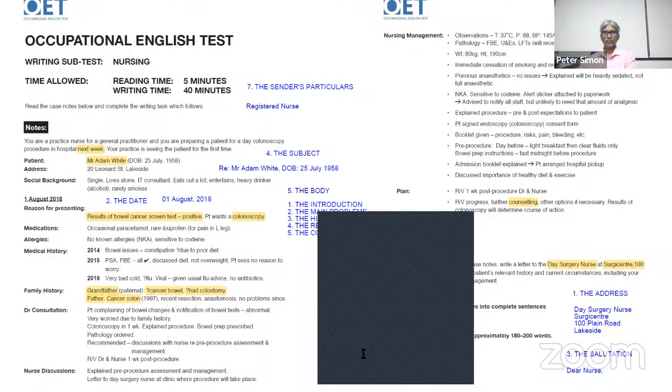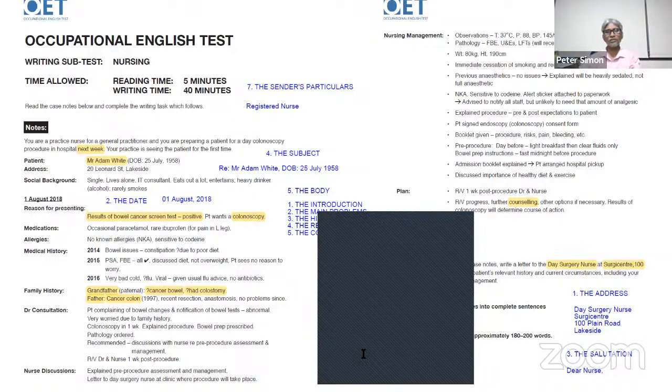requires. Okay. Mr. White was diagnosed with positive screening test for bowel cancer, is being referred for a day colonoscopy procedure. Preoperative management and counseling is advised. Okay, full stop.